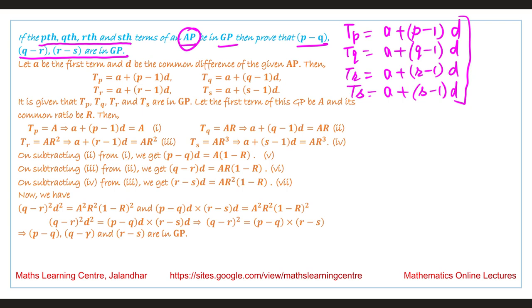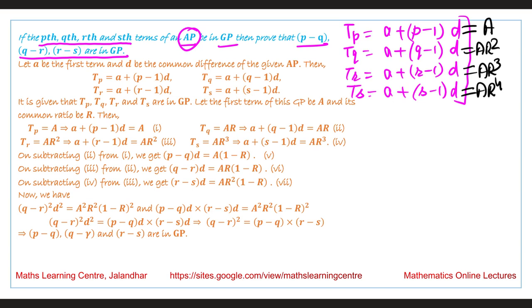Now it is given that these four terms are in GP. So if the first term is A, the second term is AR, the third term is AR^2, and the fourth term is AR^3.